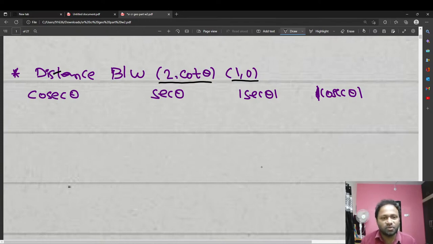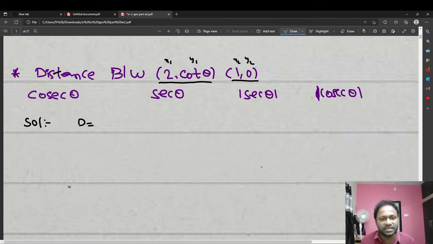Distance between two points, we know the formula. Of course, this is easiest but a little bit tricky. Okay, anybody try to solve this? The distance formula is d is equal to, of course I will take this as x1 and y1 and this as x2 and y2.